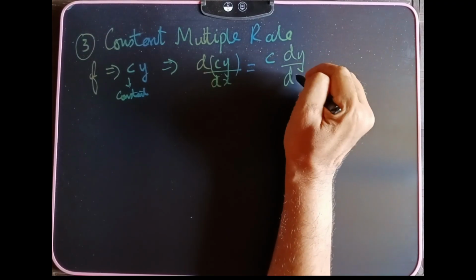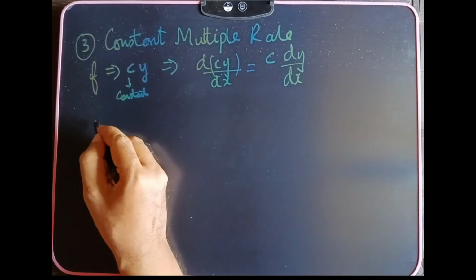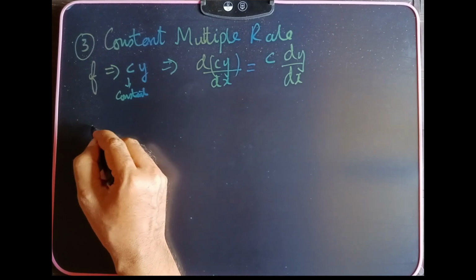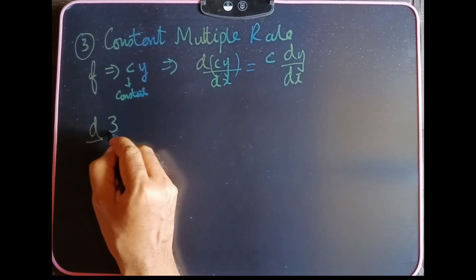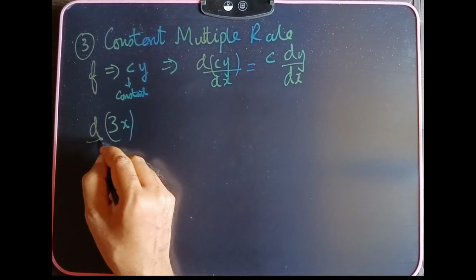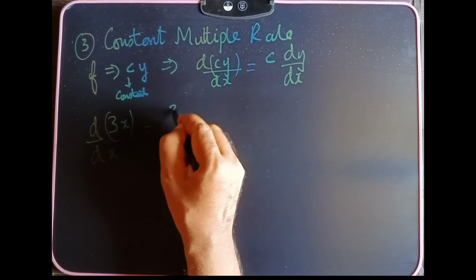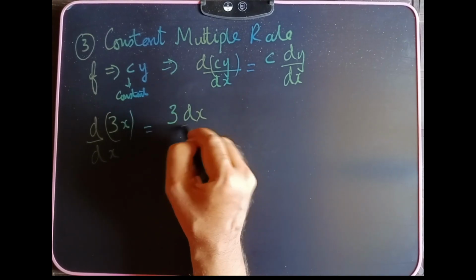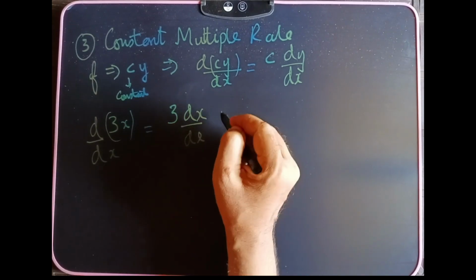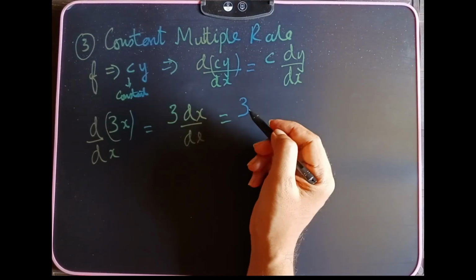For example, the derivative of 3x with respect to x will be equal to 3 times dx by dx, and dx by dx is 1, so you will get 3.